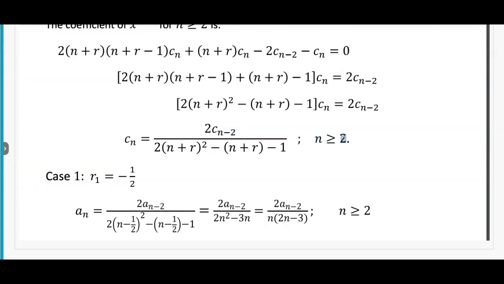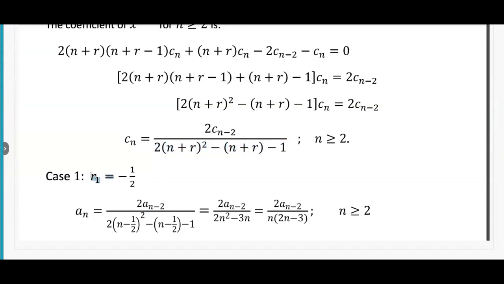Because n starts with 2. If we take n equals 2, the starting point, we get the nth term and n minus 2's term with this scalar 2 over such denominator.